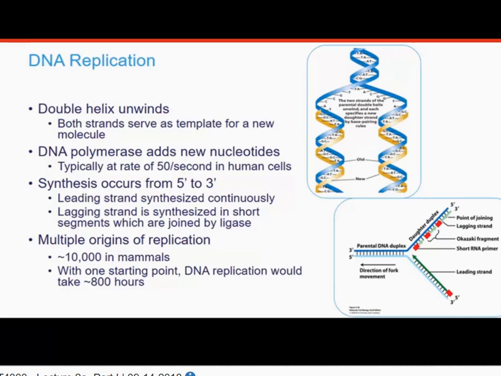The double helix unwinds, and each strand serves as a template for the new molecule. The protein that helps add those nucleotides, those base pairs, is DNA polymerase. It typically does that at a rate of about 50 per second in a human cell.